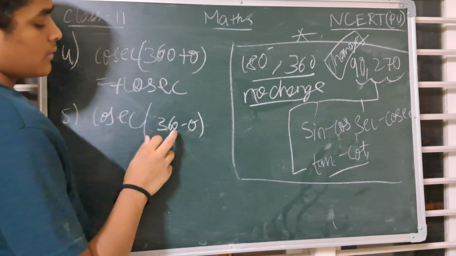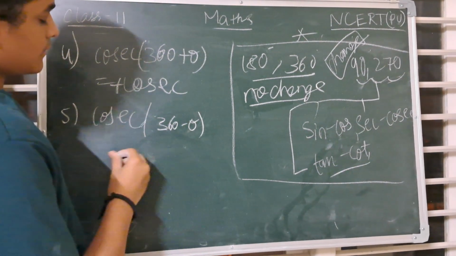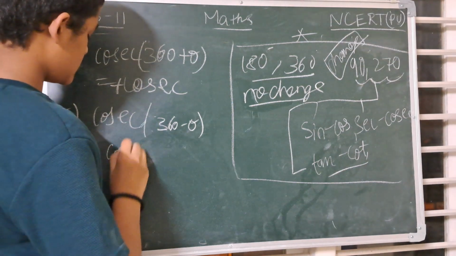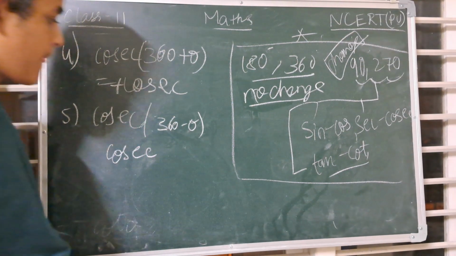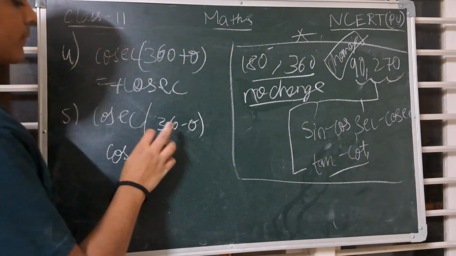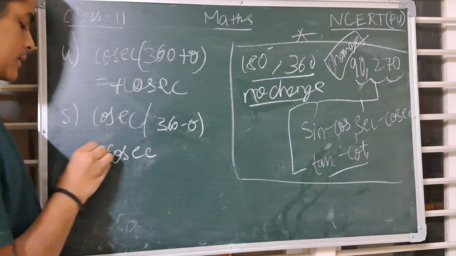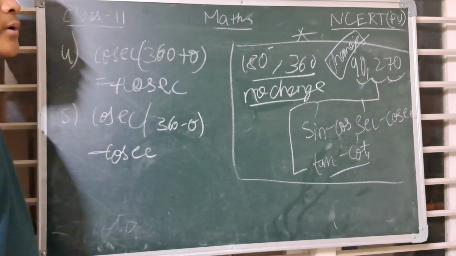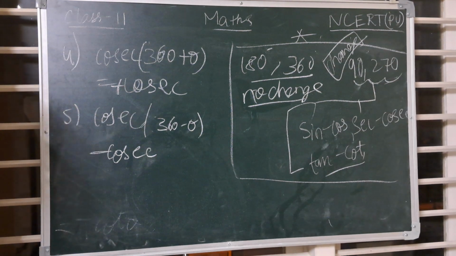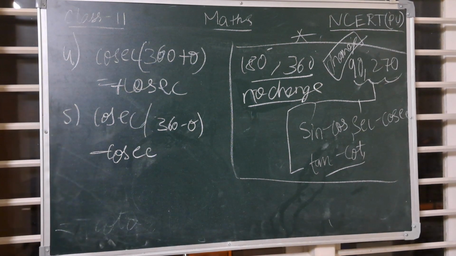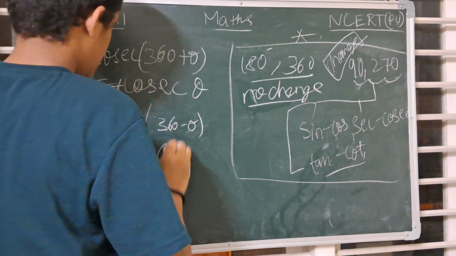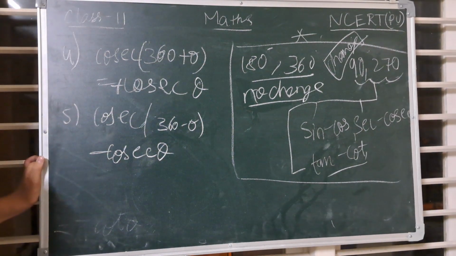Cosecant 360 means no change. Since it is in the fourth quadrant, we get the answer as negative, because in the fourth quadrant only cos and its reciprocal secant are positive. So the answer will be minus cosecant theta.